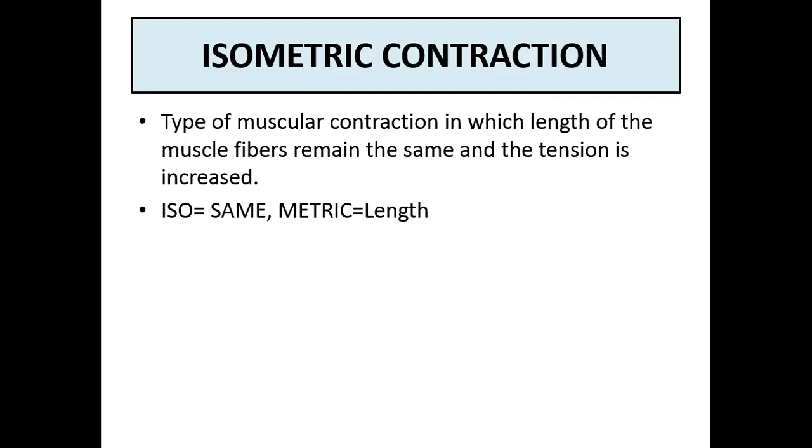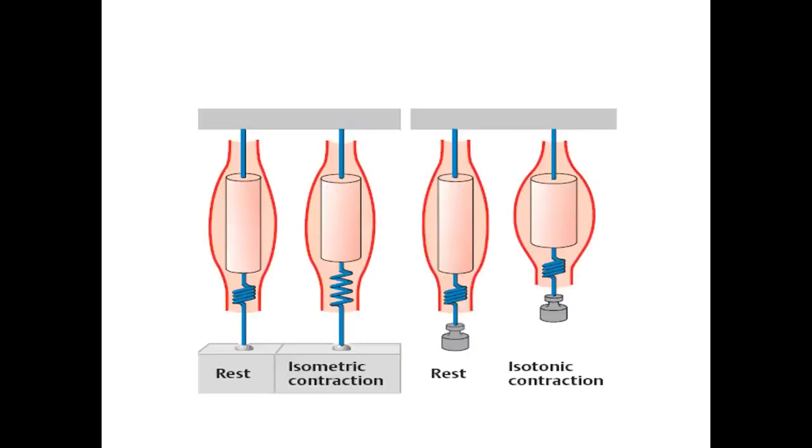Now, why we call them isometric or isotonic, and what changes we observe in the skeletal muscle, is seen here. This is the resting muscle. This is the isometric type of contraction. What we see here is the series elastic element, and this is the contractile component.